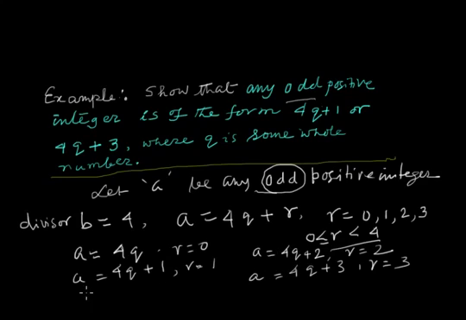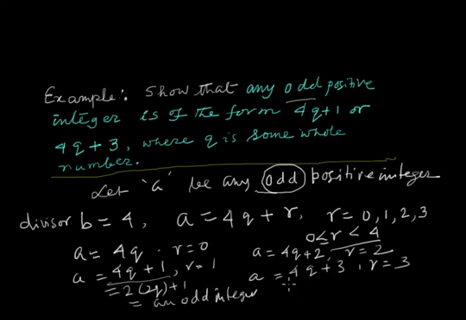The second one, 4q plus 1, is an odd integer because 4q is an even integer plus 1, so even number plus 1 is an odd number. Now the third one, 4q plus 2, is divisible by 2, so it is an even number.